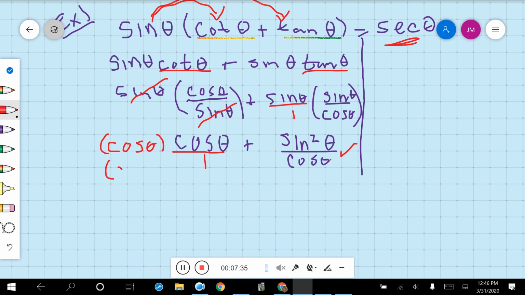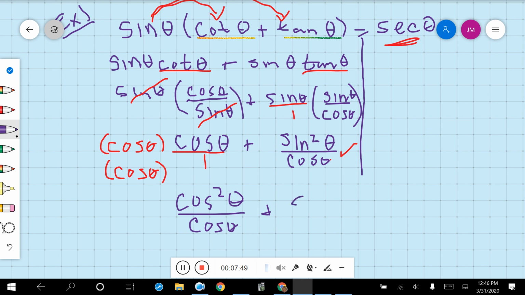And remember, if you multiply a fraction, you have to multiply top and bottom by the same thing. This would become cosine squared theta over cosine theta plus sine squared theta over cosine theta.